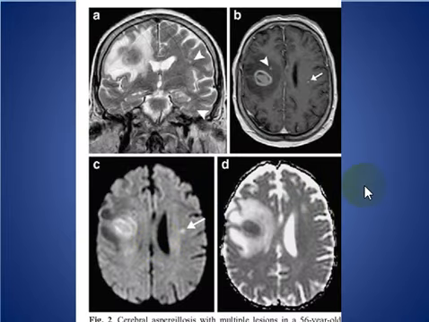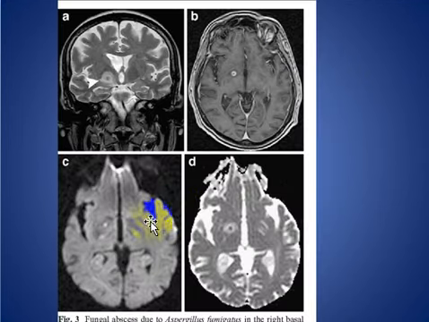This is another patient with cerebral aspergillosis with multiple lesions, and here we see a lesion and another lesion here, and that lesion is heterogeneous in the diffusion weighted images. With contrast, there is ring enhancement, consistent with an abscess.